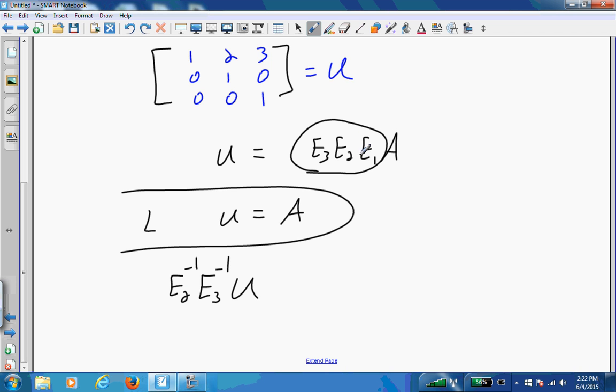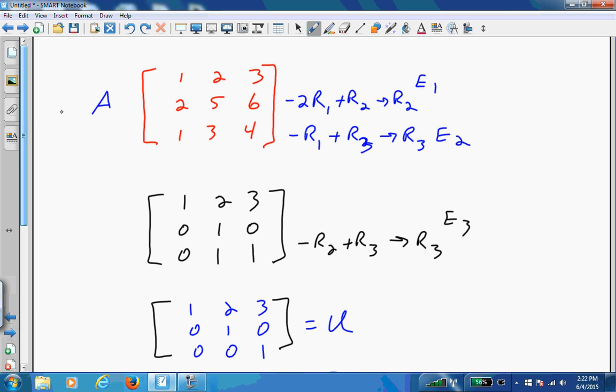That'll be gone. To get rid of this, E1 inverse. So all of that multiplied together will be L. So let's see. E1 inverse is twice row 1 plus row 2 to get row 2.